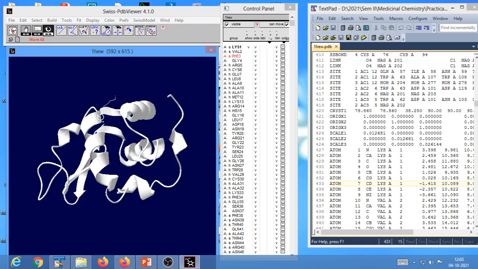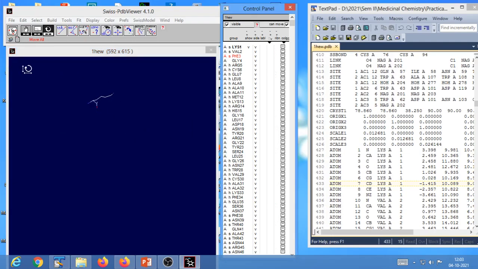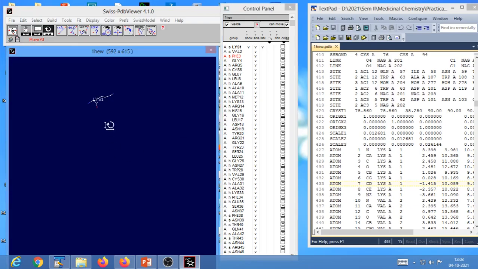It is present on this corner of your protein molecule. So now you get an overall idea of where lysine 1 is located in your protein. Let me hide this ribbon and let us focus only on our lysine residue by labeling it. So here we have labeled our lysine group.